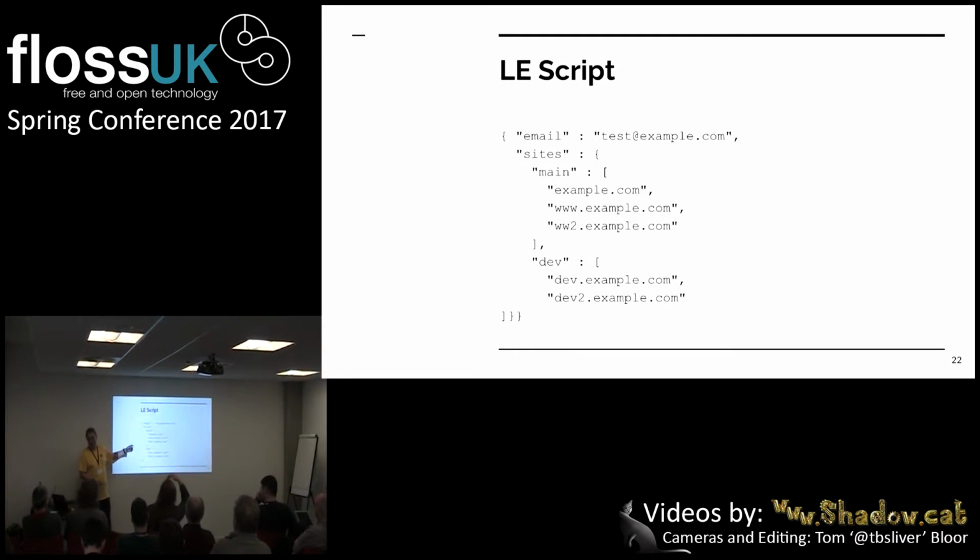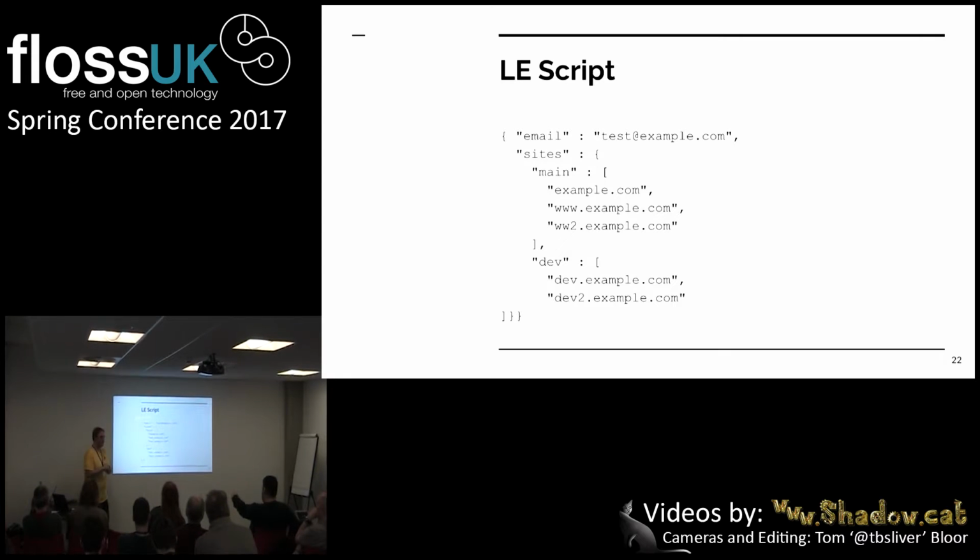It will fetch a main one, which will have an SSL certificate that's valid for example.com, www.example.com, www2.example.com, and then a dev one, which is dev and dev2 for it, and also an email address. You can set that to any email address. It doesn't have to be at the host that you're running it at. Mine goes to my Gmail address, and that's where you will get the email that these certificates are about to expire.